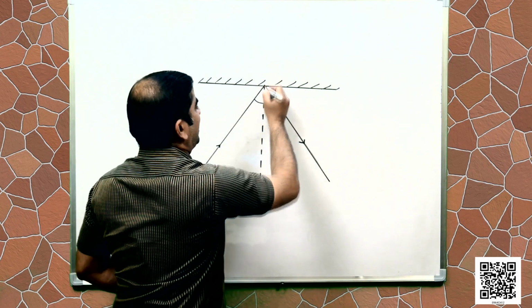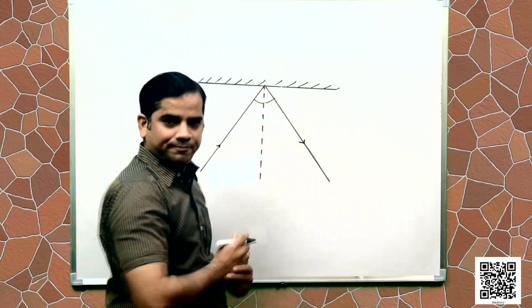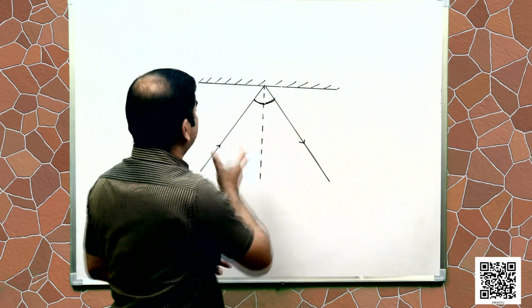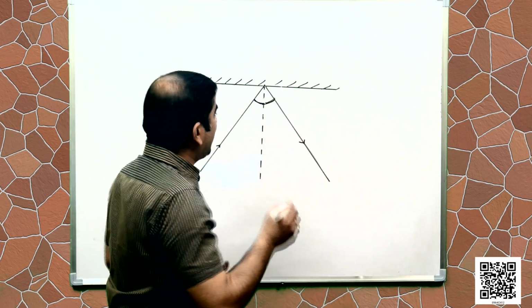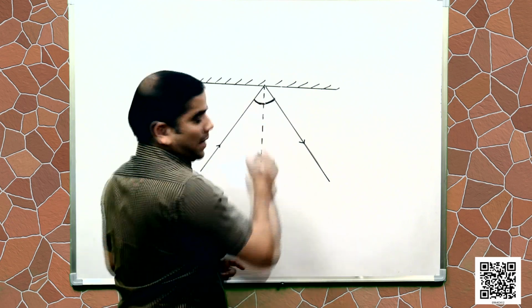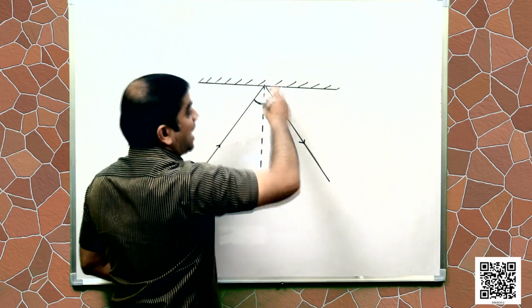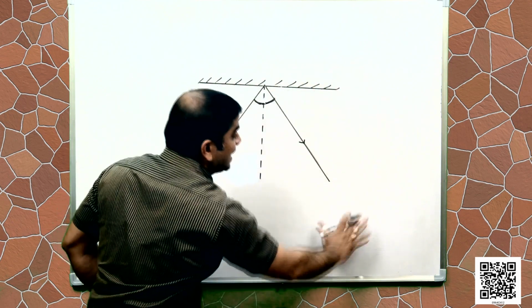So, at this point, if we draw a perpendicular line, that is called the normal, and the sound that is incident at this point and the reflected sound, they make same angle with the normal, and the sound that is incident and the reflected sound and the normal, they are on a single plane.